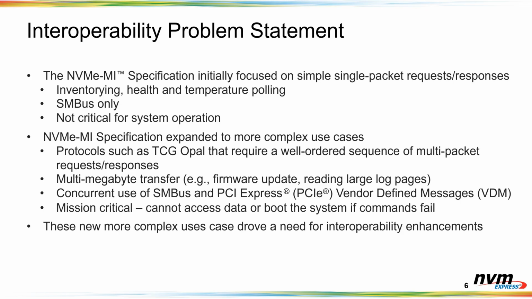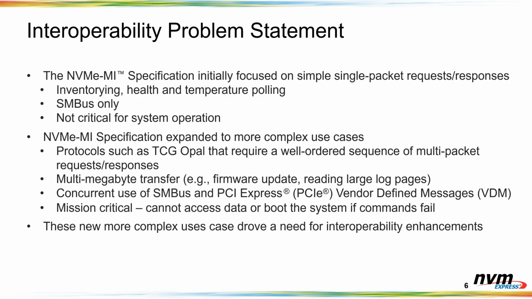As we enabled these more complex use cases, we ran into interoperability issues caused by a lack of detail in the standard around things like timings and operational states, the various impact of resets.